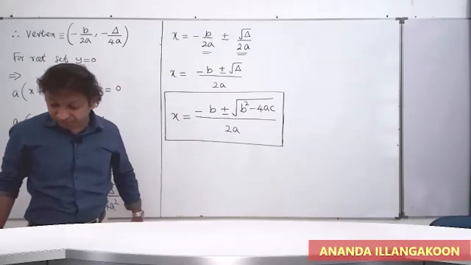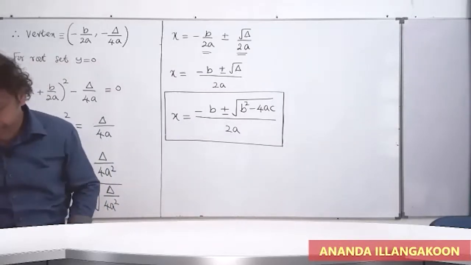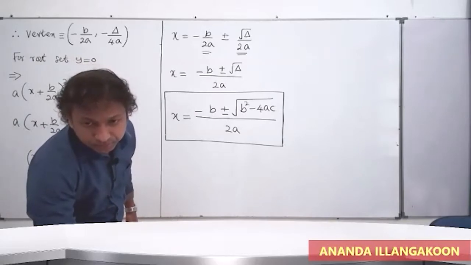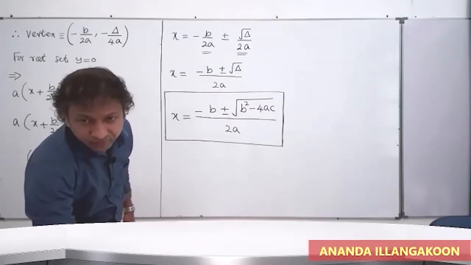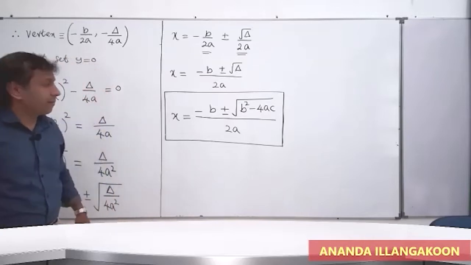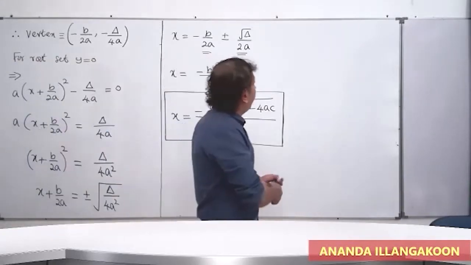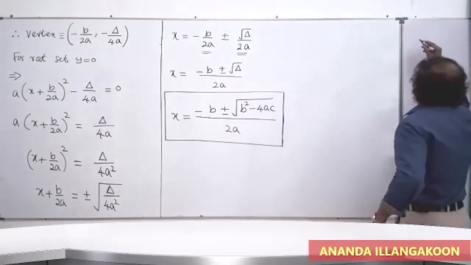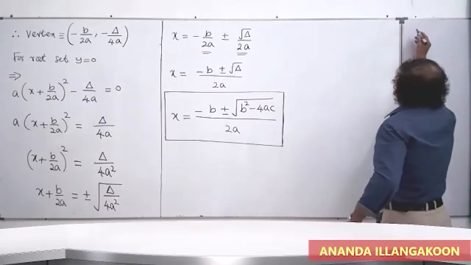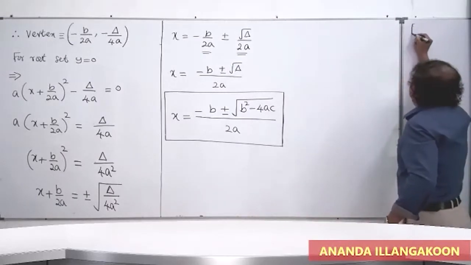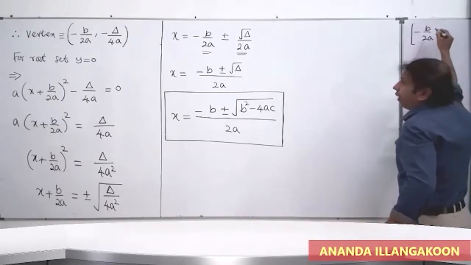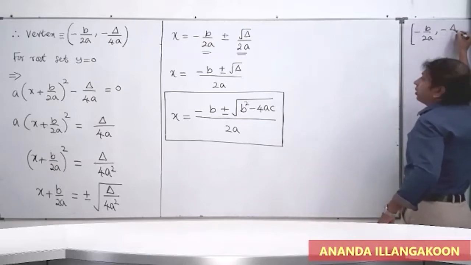Right, let me write this result here. Vertex coordinates: minus b by 2a and minus delta by 4a.